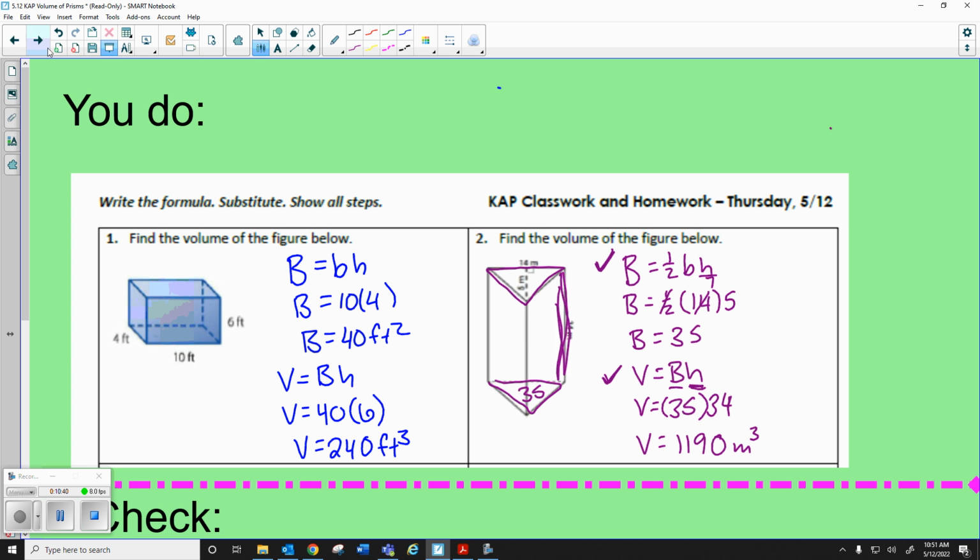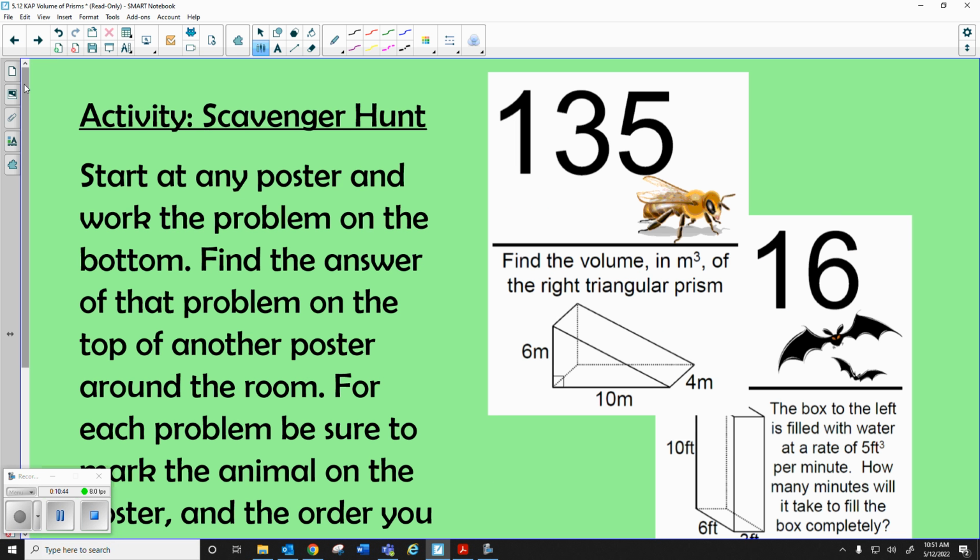We have two little activities that you're going to work on. First, you're going to work on a scavenger hunt. If you're at home, you can pull this activity up on Canvas. There's no question numbers, but you can record, oh, I'm starting on the B problem. You're going to do your FSS, your formula, substitute, solve for that whole problem, and your answer is going to be on the next problem.